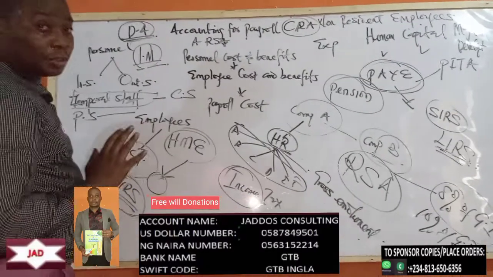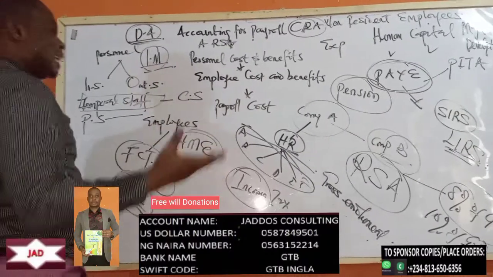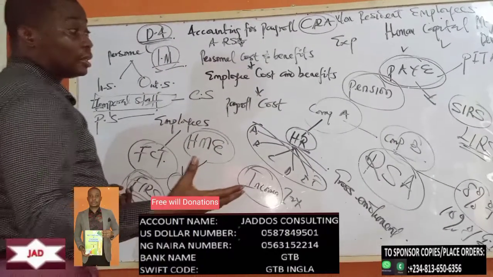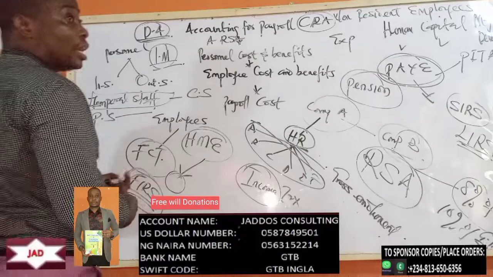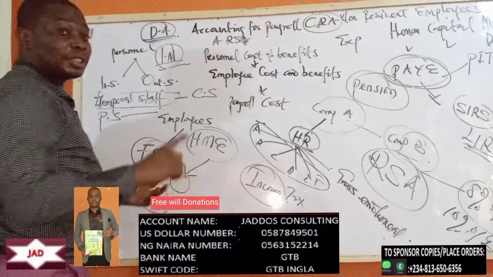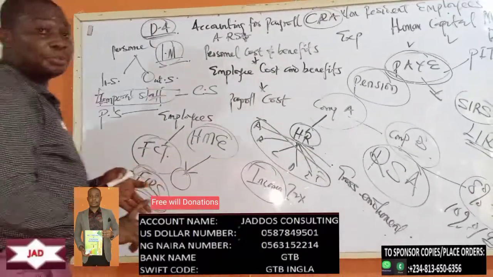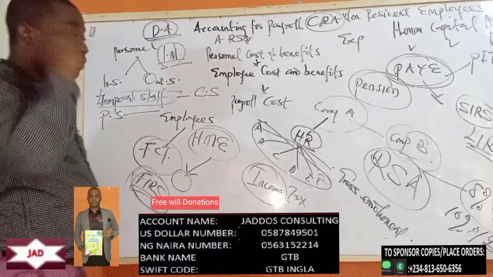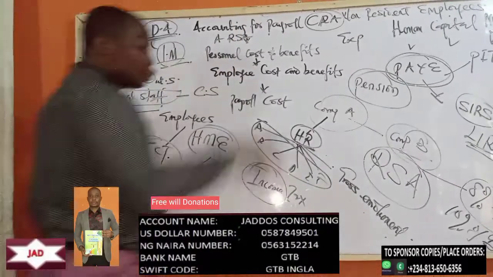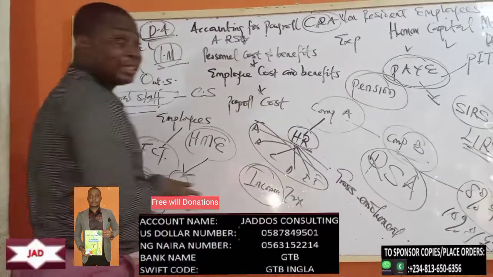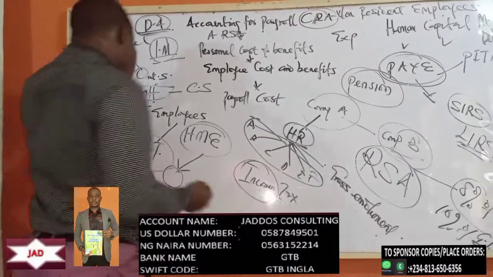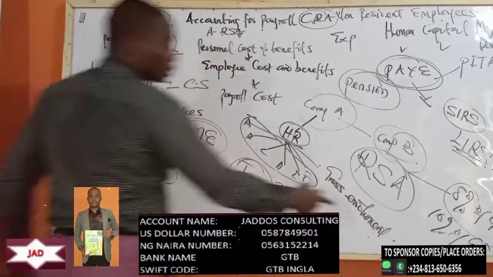cost of the pension. But then, aside that, there are other schemes, like maybe housing fund schemes, health schemes, insurance schemes. If you're contributing to these schemes, they reduce your liability. What I'm saying is that if you are earning 1 million and you're contributing to what?